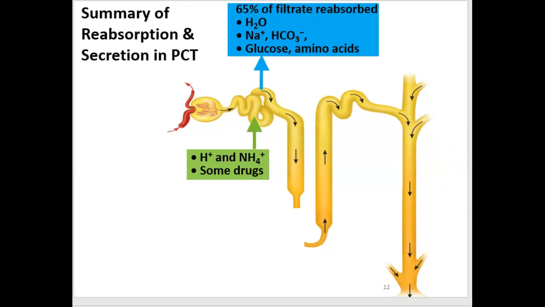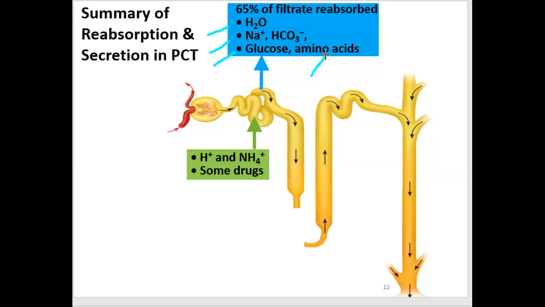So a summary of what happens in the proximal convoluted tubule is that we get a lot of filtrate reabsorption. In particular, water, and some sodium, and some glucose, amino acids if they're there.